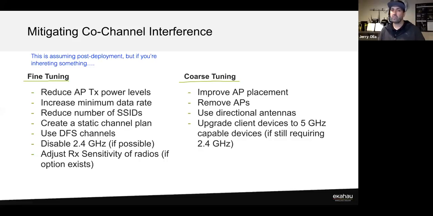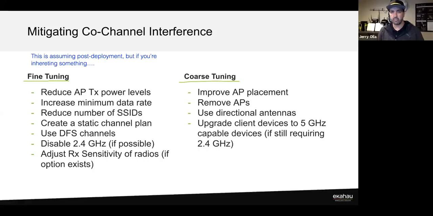On the coarse tuning side, you're talking about bringing somebody in to physically move things. You're making some kind of physical change in the environment, either moving APs, replacing APs, or installing different antennas. There's a lot of cost involved. It sometimes is the necessary thing to do if the fine tuning isn't going to completely mitigate those issues.